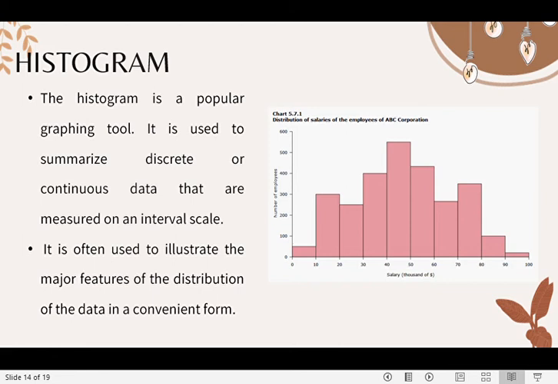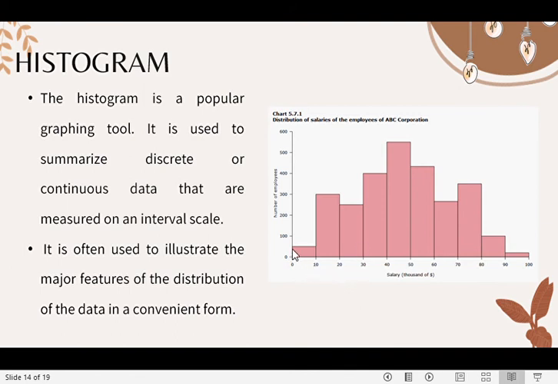So let us say here, one example is the number of employees, and you have the salary. You would see that the number of employees ranges from 0 to 600, and you have the salary in thousands. On the x-axis you have 0 to 10, which means 0 to 10,000 US dollars.